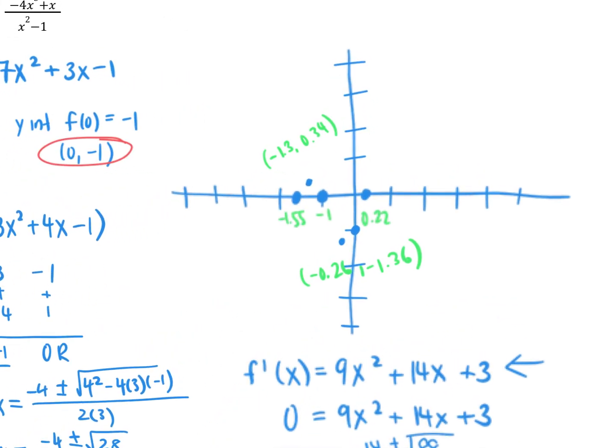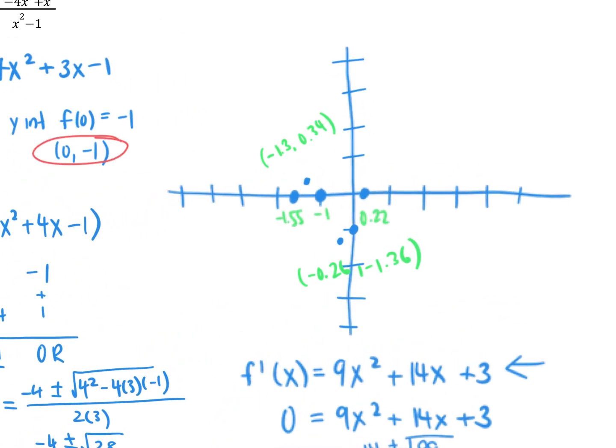So negative 0.77, okay, and negative 0.5, maybe something like this. So to the left of that point, we're going to be concave down like a parabola opening downwards, and then the rest of the way we're going to be concave up like a parabola opening up. And I'll just label this point here.